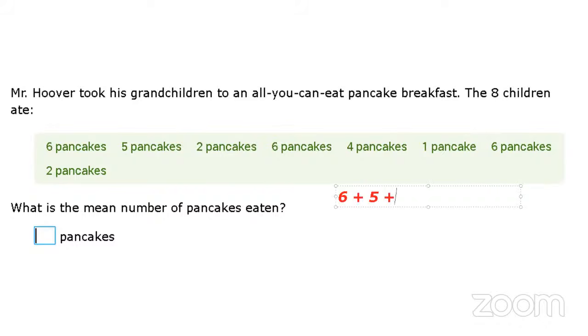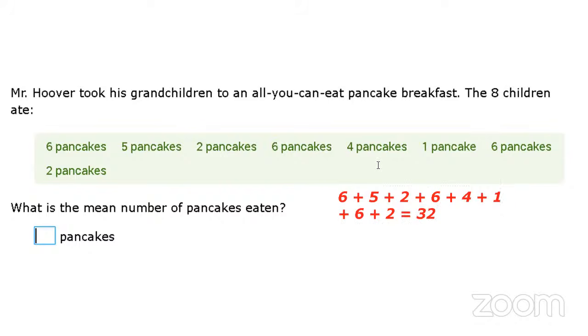6 plus 5 plus 2 plus 6 plus 4 plus 1 plus 6 plus 2, and you guys said that is equal to 32.